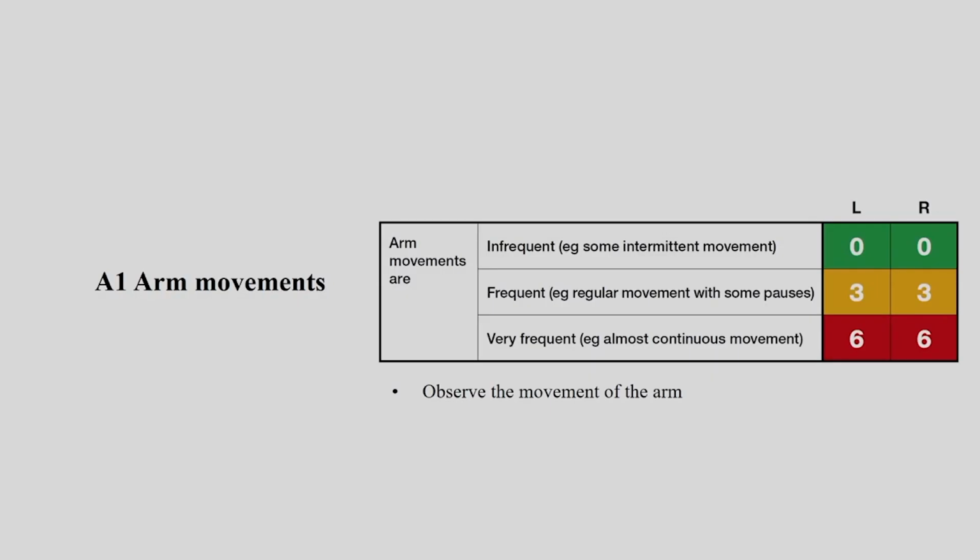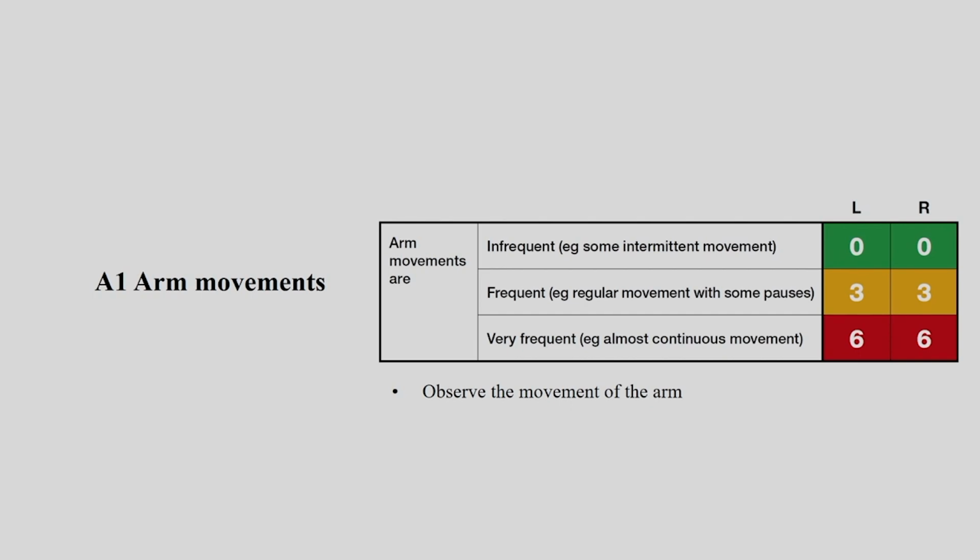What is A1, or arm movement? Arm movement is categorized into 3 major areas, that is green, amber and red, both for the left hand and right hand, and you have a definition. Infrequent, some intermittent movement, then it is 0.